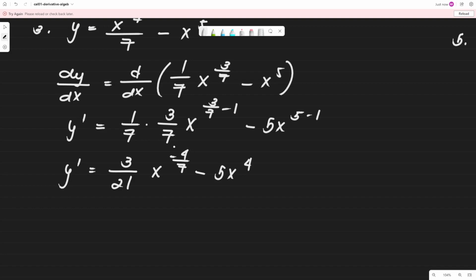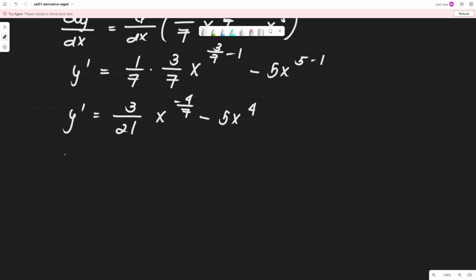Then, since we have a negative exponent, let's move the whole function to the denominator to make it a positive exponent. Then, let's change from fractional exponent to radical. So, we will have y prime is equal to, by the way, what I said earlier, if we have x raised to negative a, this is equivalent to 1 over x raised to a.